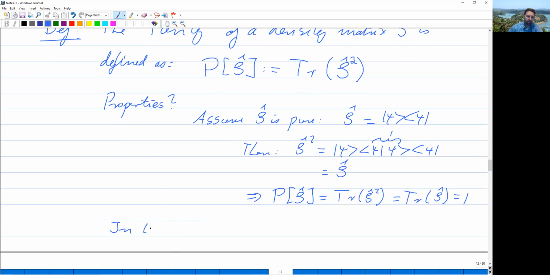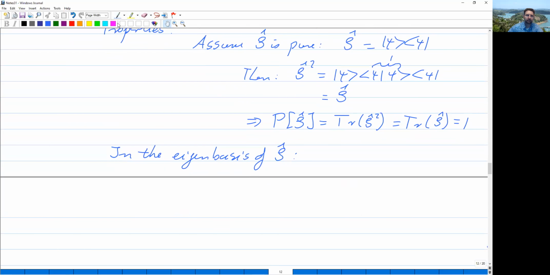In the eigenbasis of rho hat, we have that P of rho hat is equal to the sum over all n of the squared density matrix, which has on its diagonal the elements rho n.